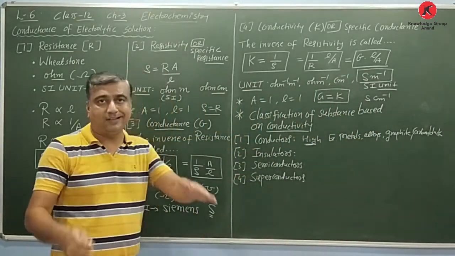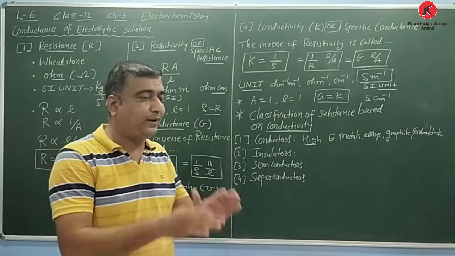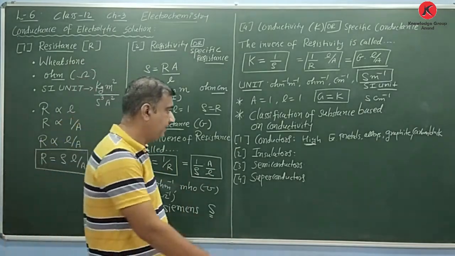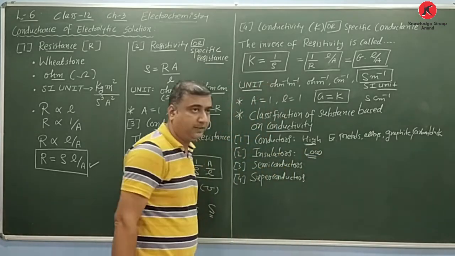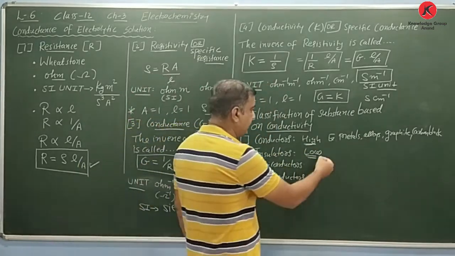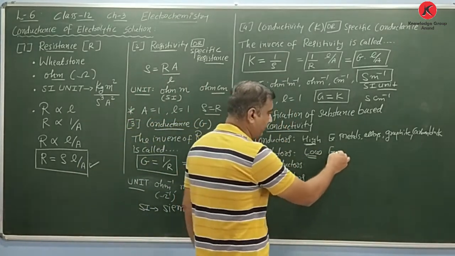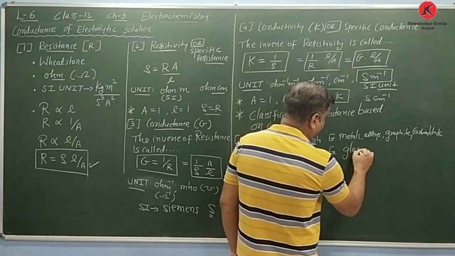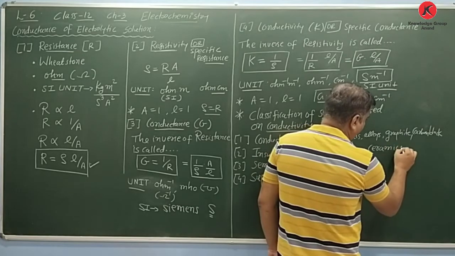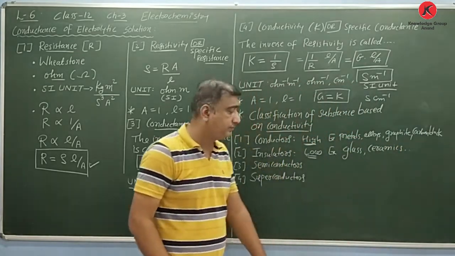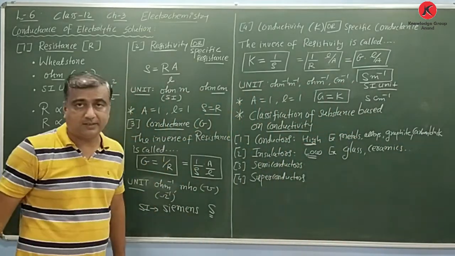Now, an insulator has a very low value of conductivity. Examples of insulators we know are glass and ceramics, and so many materials. Now, semiconductors.